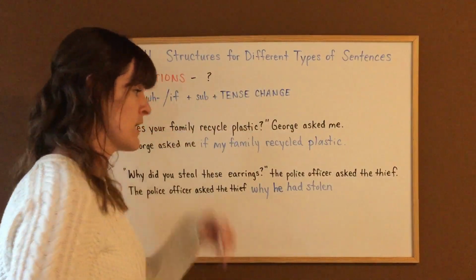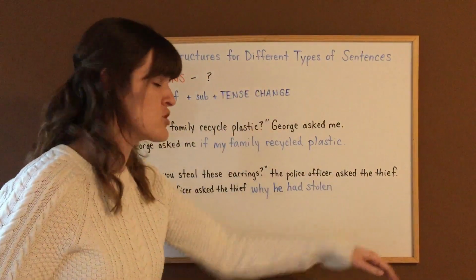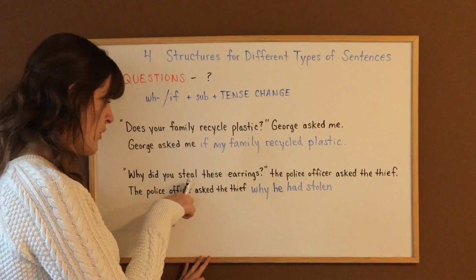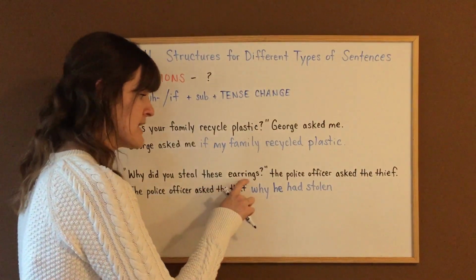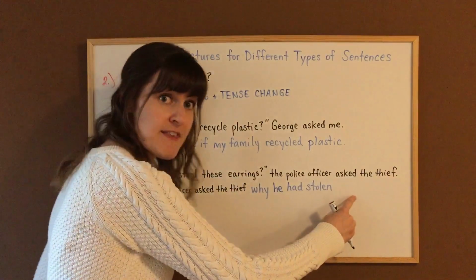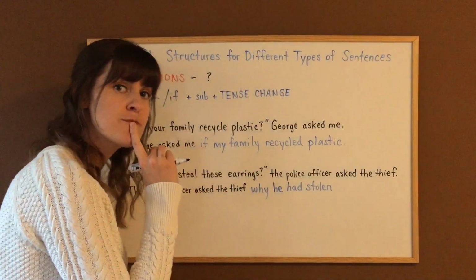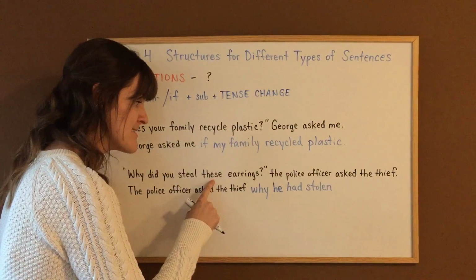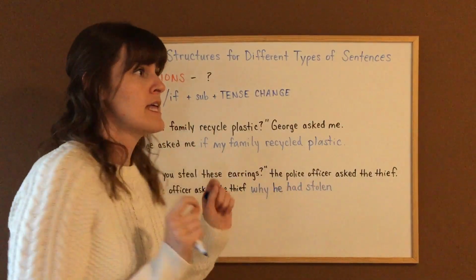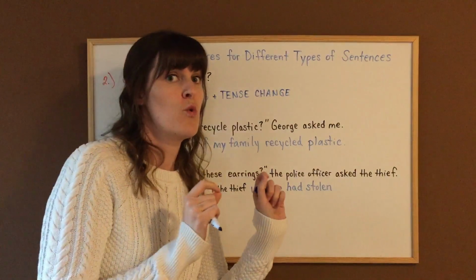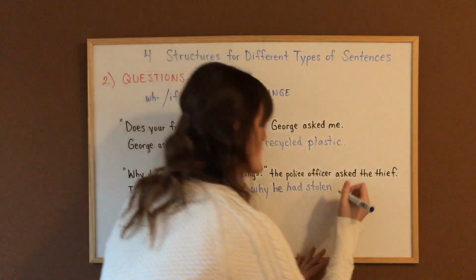Stolen. Okay, again, we did all of the structure. Now we just copy the sentence from where we were. We were here. Yes, stolen. We finished all of this. Okay, these earrings, that's all. Can I write these earrings? Anything we need to change? These changes to those in reported speech.